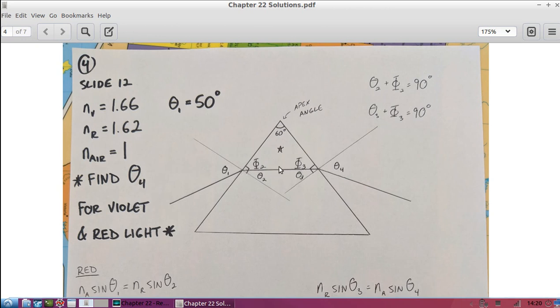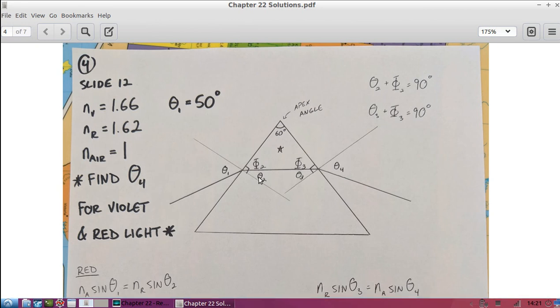Now here's the tricky thing too, because with this prism, the surfaces aren't perfectly parallel or perpendicular to the way I'm looking at it. This is my first refracted angle. You see how this normal line goes like this? This is my first refracted angle.